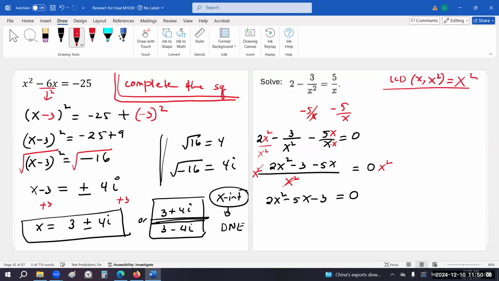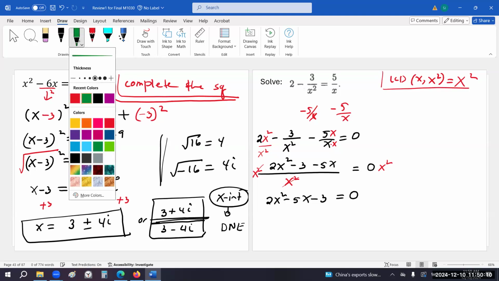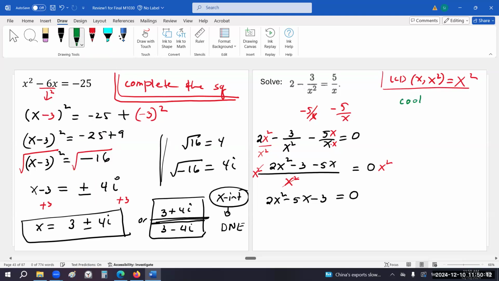And now let me refresh your memory with the new cool AC method. I found it really cool. So AC means you're multiplying 2 times -3, that gives us -6. So we rewrite our expression: x squared minus 5x minus 6 equals 0.